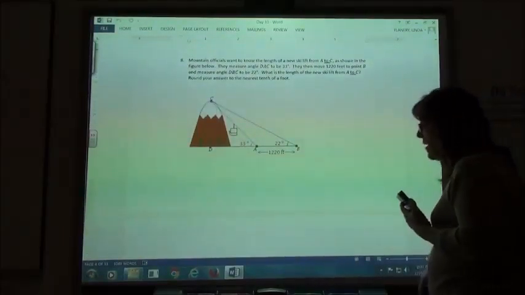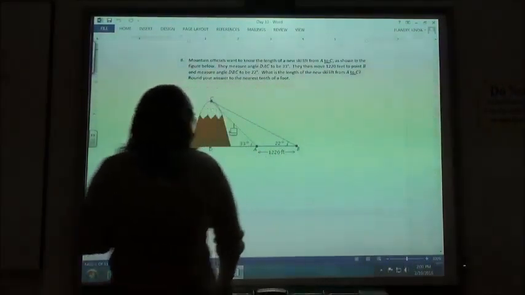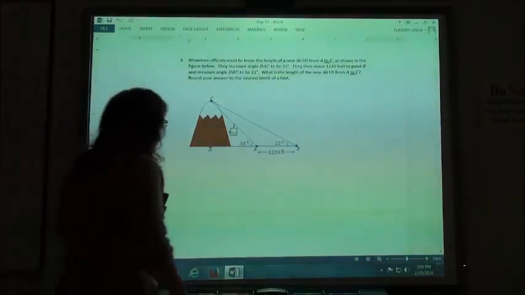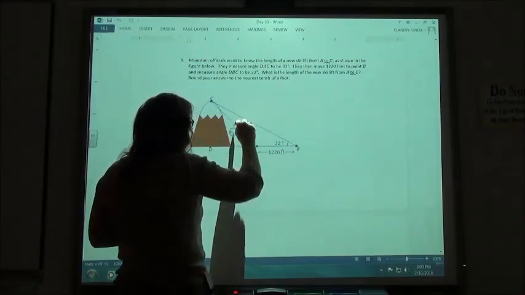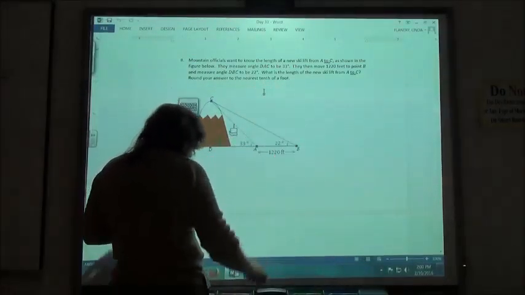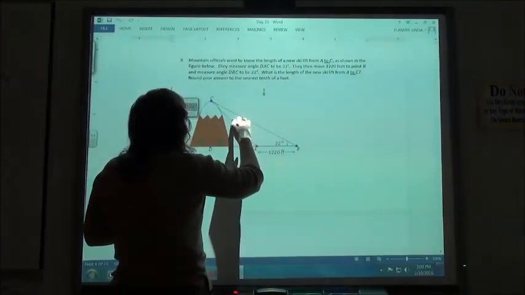Number 8, going to be the same kind of thing. Mountain officials want to know the length of a new ski lift from A to C. So from A to C would be the side right over here. Whoops. My board is randomly writing for me again.